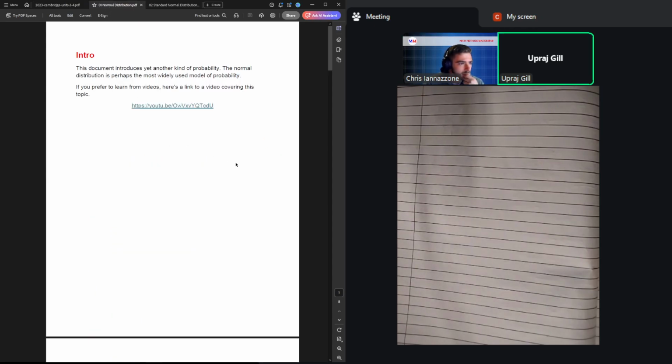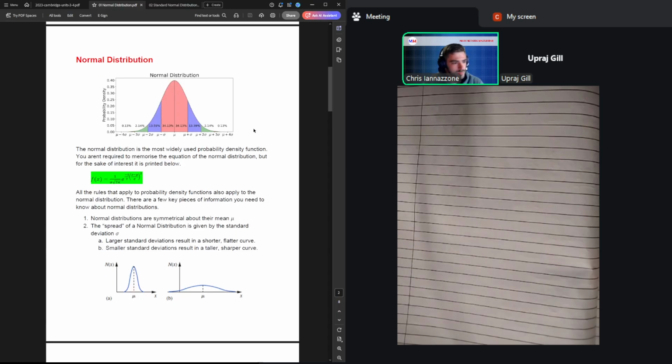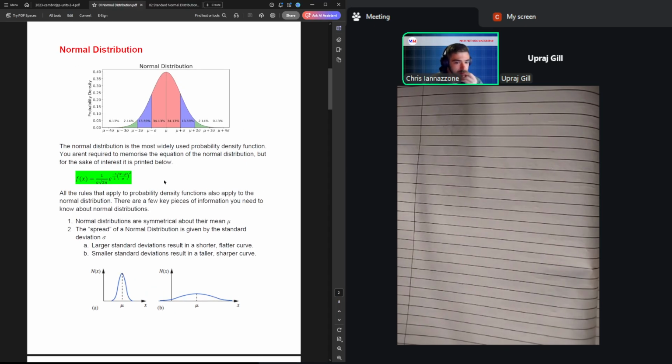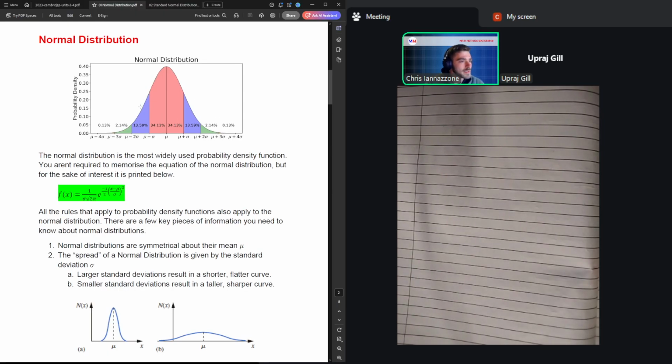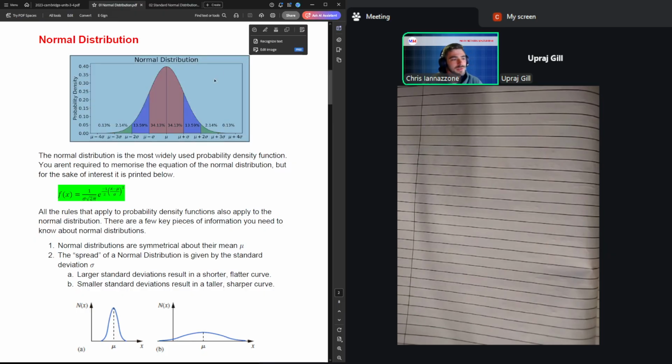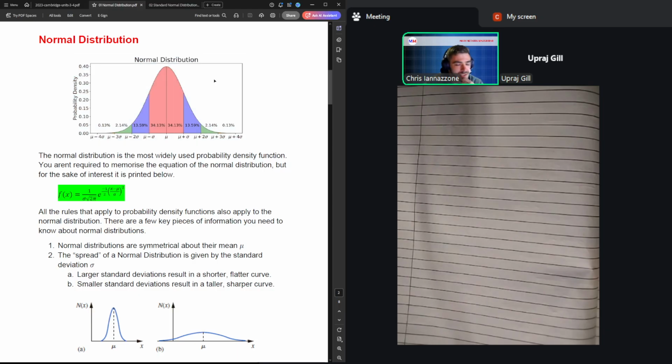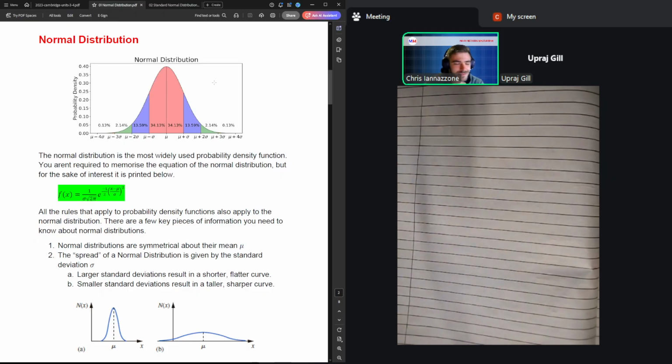Cool. Okay, with that in mind, normal distribution is up next. Normal distribution is actually a kind of continuous probability, so all of the rules that are applicable to continuous probability are also applicable to the normal distribution. You'd more commonly understand this as a bell curve. A lot of real-world things follow the normal distribution, or at least approximately. For instance, grades of mathematics scores will be normally distributed.